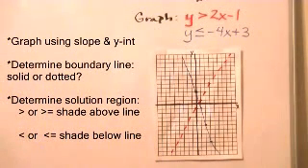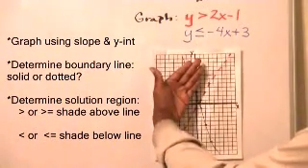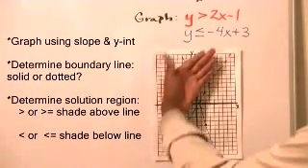Now we have to shade. We shade only where the two areas overlap. Okay? My red line says I need to shade above because it's greater than. That only leaves me two areas right up in here.